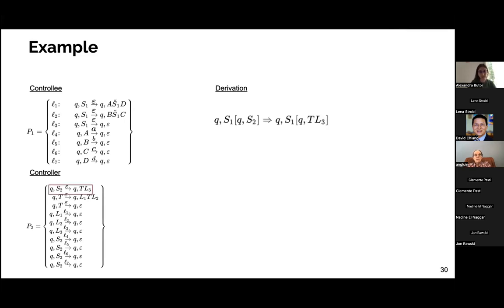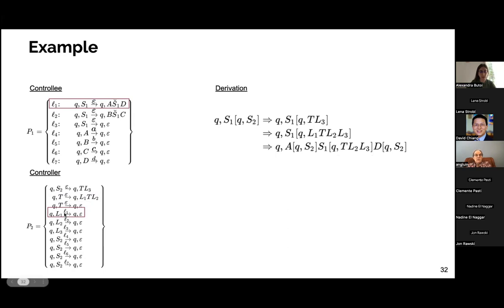And in the next step, we apply only a rule of the controller and we get a new configuration, QTL3. We can apply again a rule of the controller. And in the next step, we apply both actually. So when we apply this rule QL1, scanning the terminal symbol L1, and it pushes nothing.